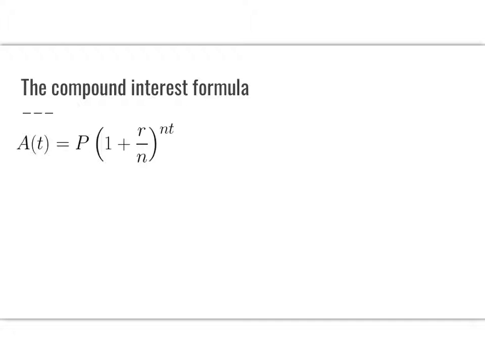Okay, so then the last piece we're going to look at in these notes, compound interest formula. So this is it, and again, this is something that ideally you've seen before, but if not, this is the amount that would be in an account after time t.